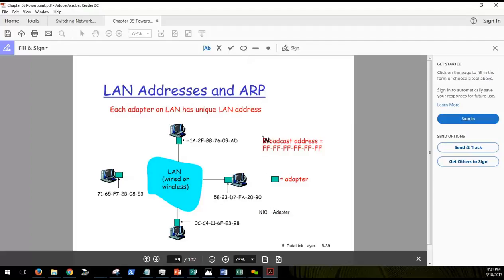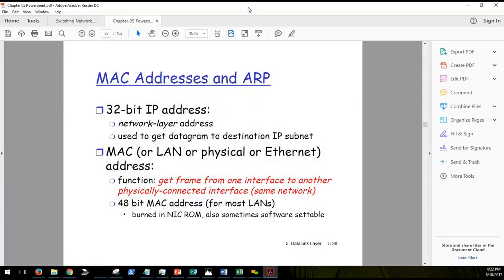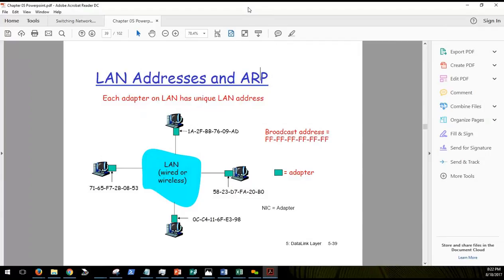So, what are the general things that you need to know? That a MAC address consists of 48 bits. And we've already said that. We said 32 bits and 48 bits.